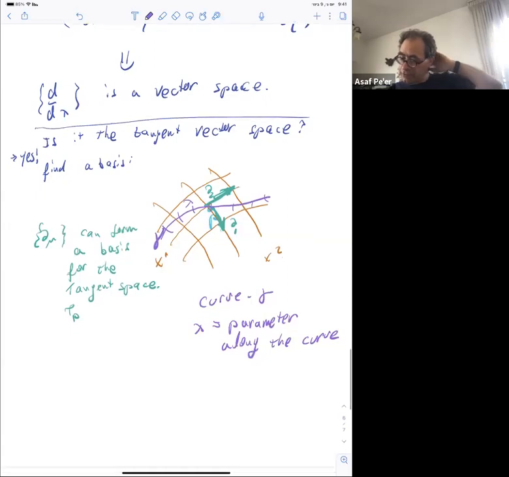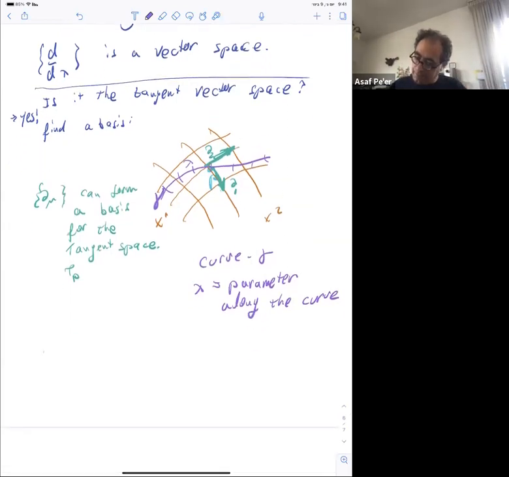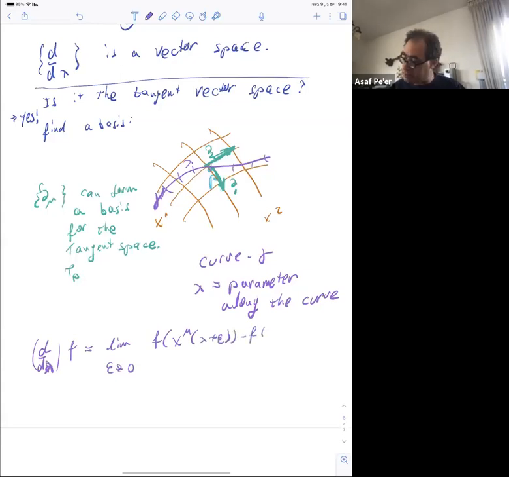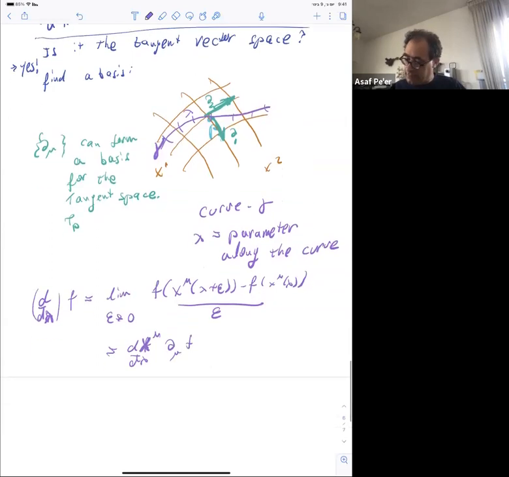Then if I'm looking at the vector d over d lambda, which operates on the function f, it's just the limit as epsilon goes to 0 of f of x mu at lambda plus epsilon minus f of x mu of lambda, divided by epsilon, which is just dx mu over d lambda times d mu f, which I just specified.